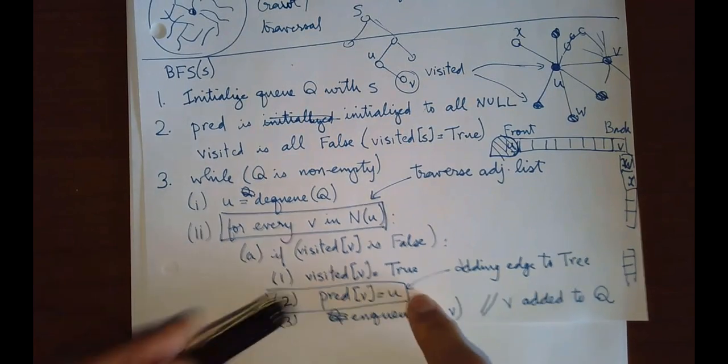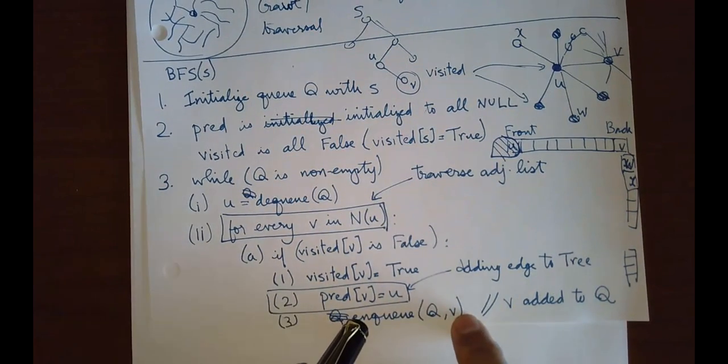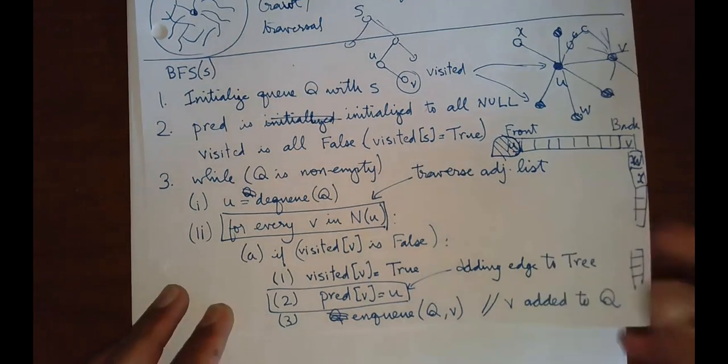The predecessor of V is U, and then we add V to the queue. We just keep doing this process until the queue is empty. Okay? So maybe it is not clear why this works, but are there any questions about this code itself?